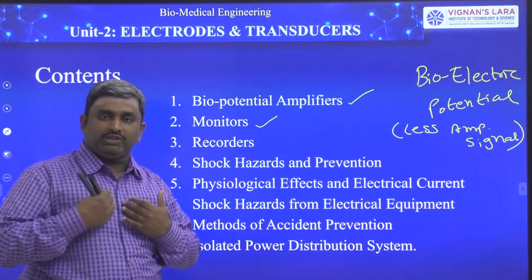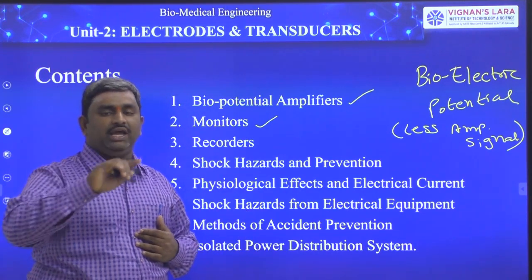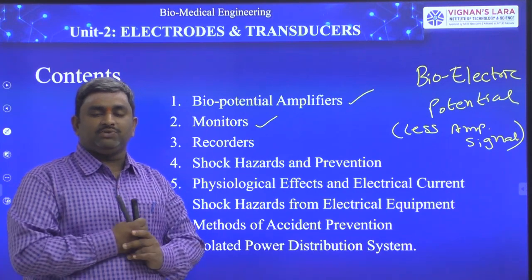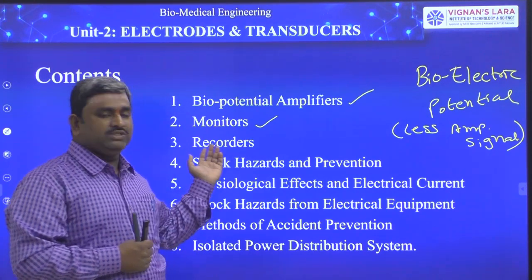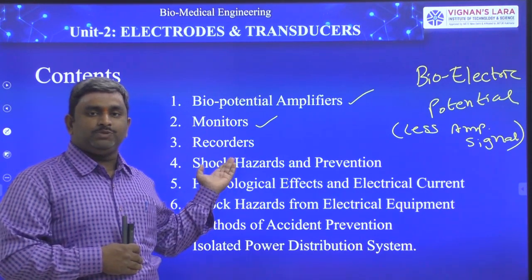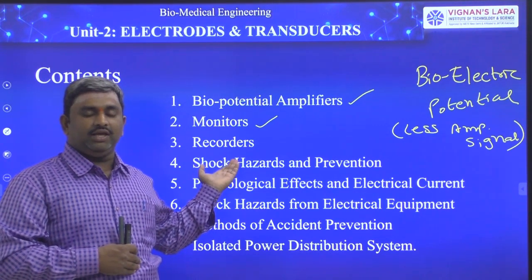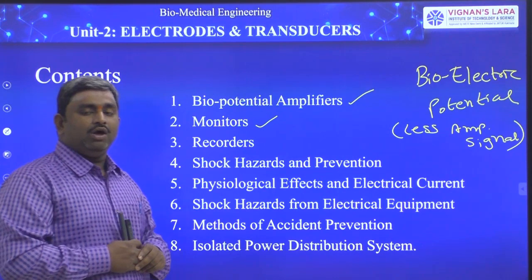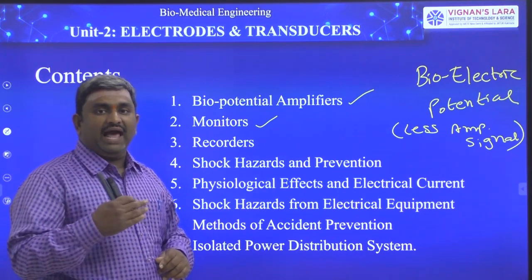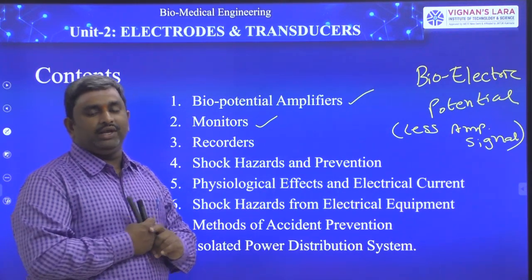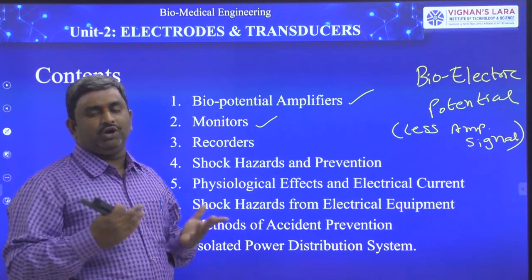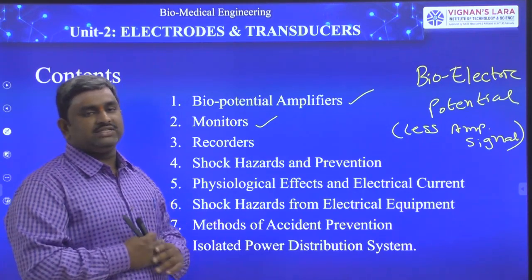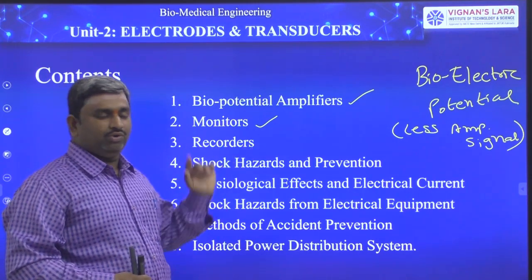Based on that bioelectric potential, it draws a graph. We can see that type of graph using these olden days printers called recorders. This is also one type of printer, but in olden days it was called a recorder. We have different types of recorders: galvanometric recorders, X-ray recorders, strip chart recorders, ultraviolet recorders. Like that, we have a lot of recorders that we will see.